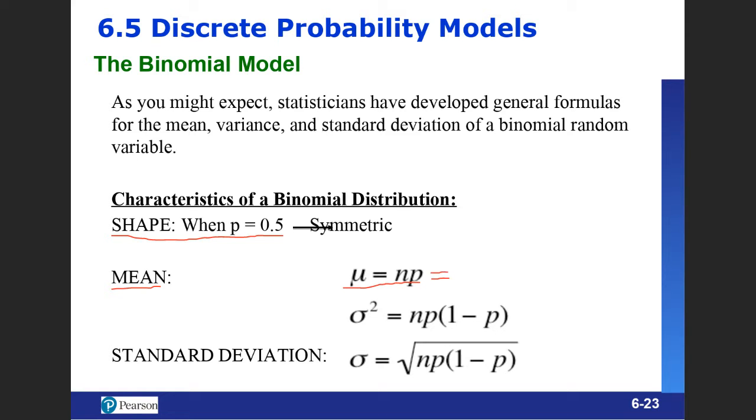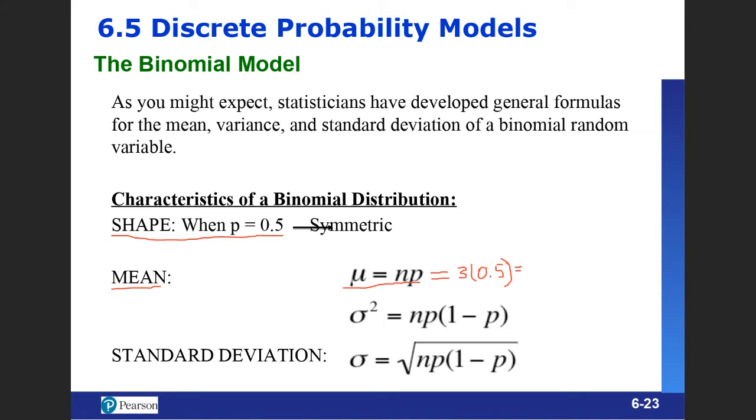So if I plug in the values from my coin toss, n was equal to 3 and p was 0.5. So can someone give us the value for the mean? What's the average number of tails that you could get when you toss this coin 3 times? Okay, thank you, Diana. It's 1.5.